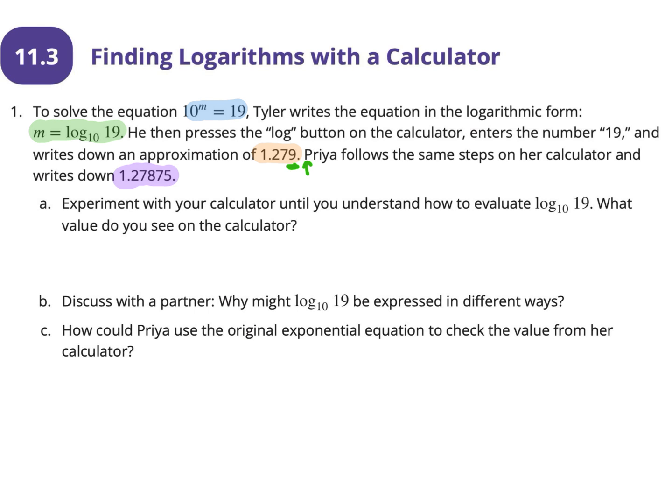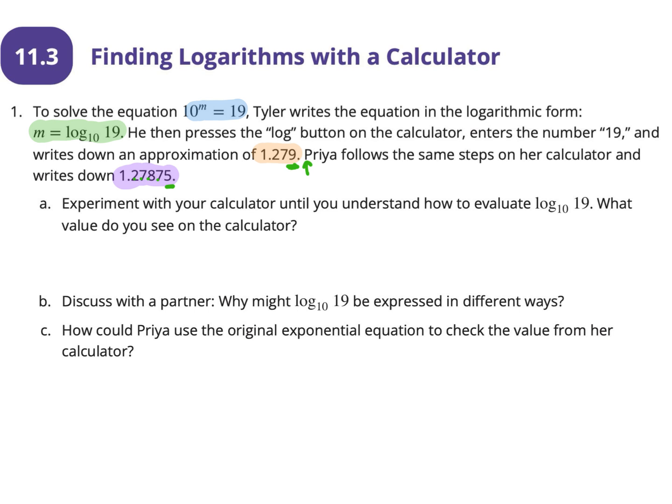What Priya did was round to the fifth place, which is hundred-thousandths. So we don't know what the number after the 5 was. It could be 745 or bigger, or it could be 750 to 4. We don't know, so we have to remember our rounding rules.